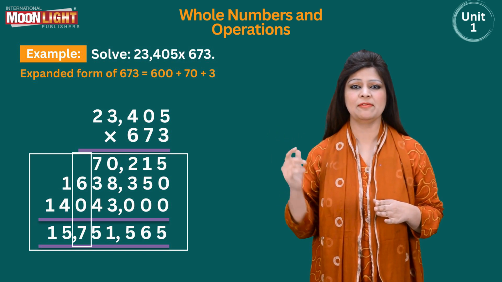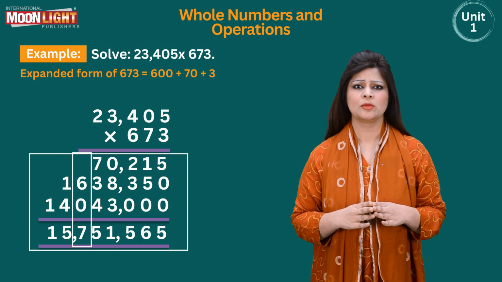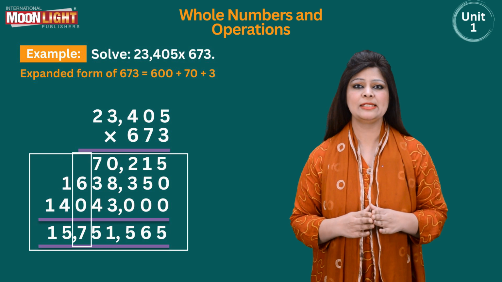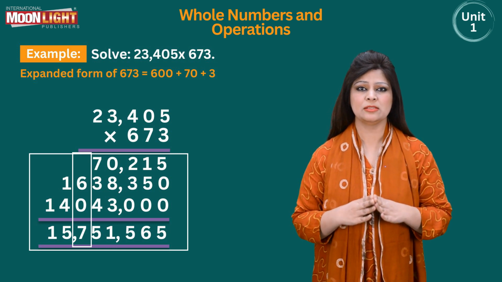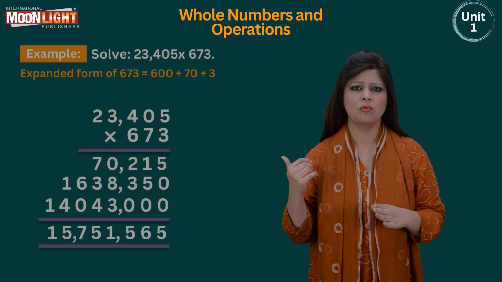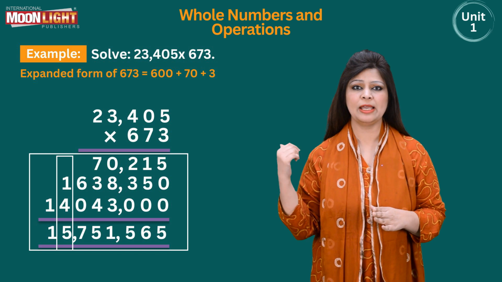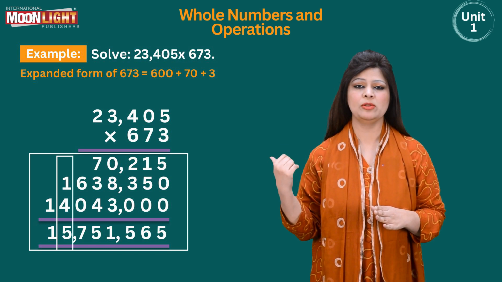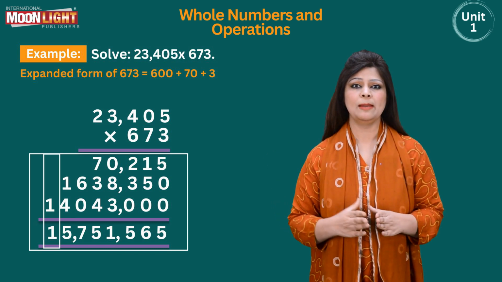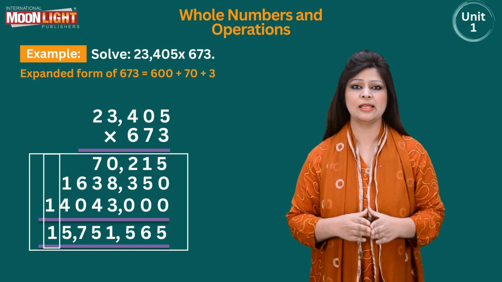I will write the 7 right below the number 0. Now I am going to add the number 1 and 4. 1 plus 4 is 5. I will write 5 here below the number 4. Now I am going to write the number 1 the same because there is nothing to add in this number.